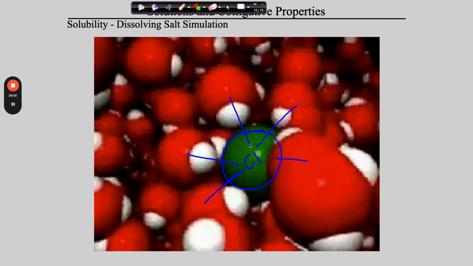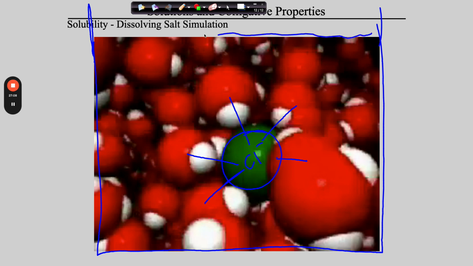Again, how do we know they're strong? Because it dissolves. But now imagine this. Imagine that this were a beaker. And up here at the top is the surface of the water. And then imagine that this water molecule right here wants to jump out of the top of the beaker and boil.